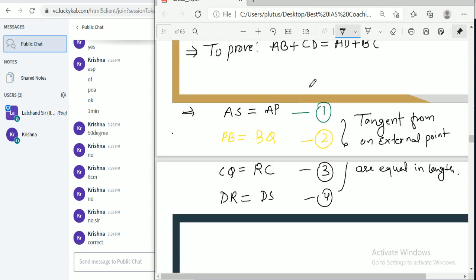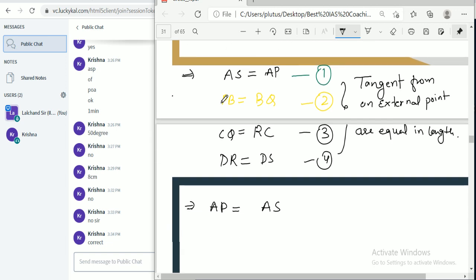If we look at first equation, AP equal to AS, and PB equal to BQ, first and second.